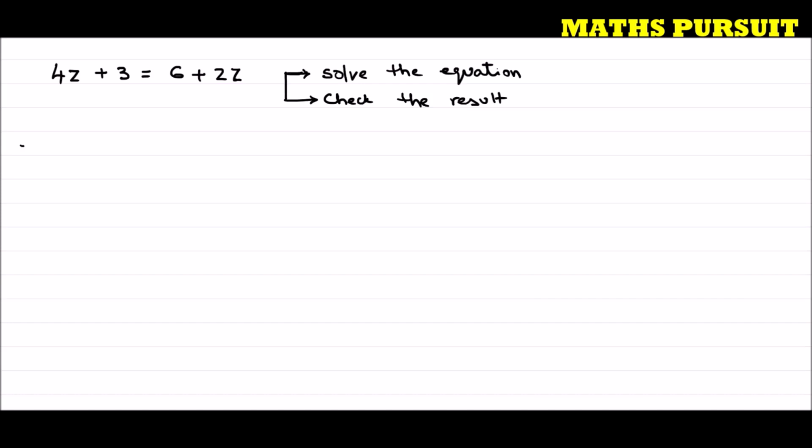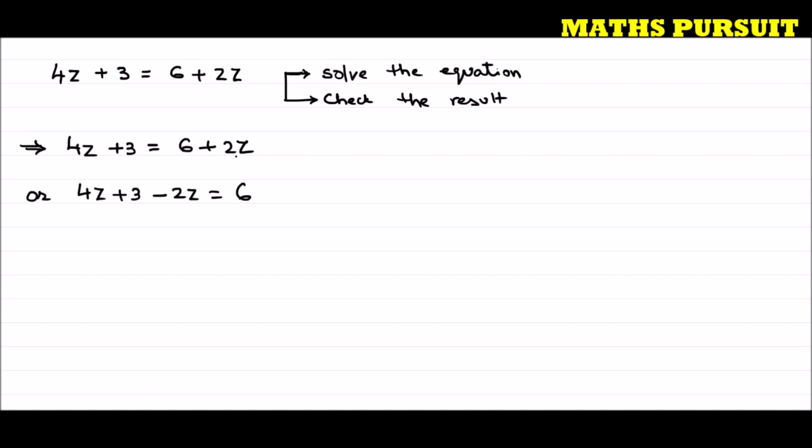Now, the question has given us 4z plus 3 is equal to 6 plus 2z. Or I can write 4z plus 3 minus 2z is equal to 6.